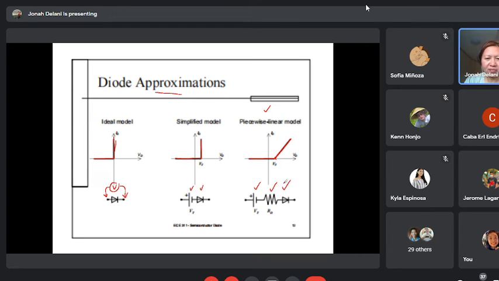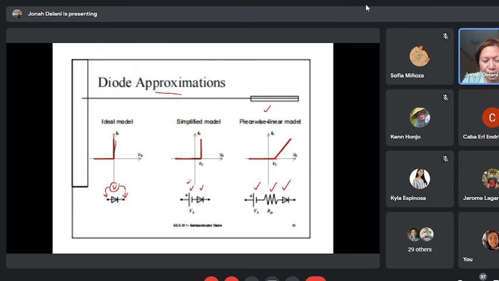Usually, for simplicity purposes, because simplicity is beauty and easy, we use the simplified model. I think reading material 1 has computation, but graphical. We use this, right?